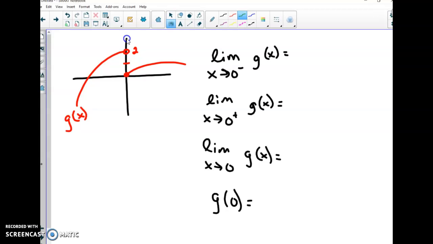So 0 is my x value, which means I'm more concerned basically right along here, along that y-axis. Well, approaching from the left, that y value is what from the left? It is a 2.